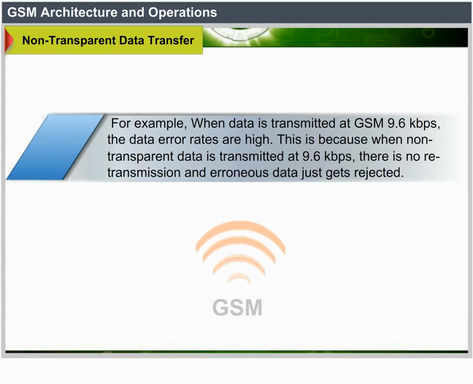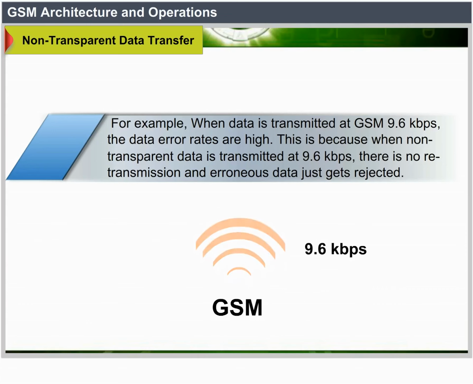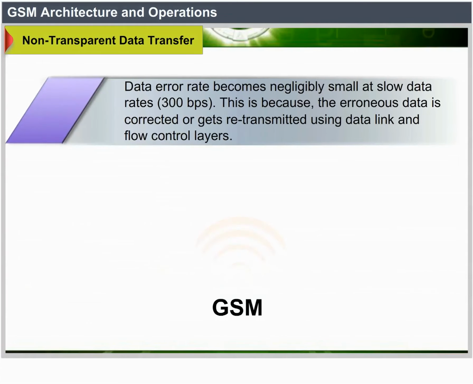For example, when data is transmitted at GSM 9.6 kbps, the data error rates are high. This is because when non-transparent data is transmitted at 9.6 kbps, there is no retransmission and erroneous data just gets rejected. Data error rate becomes negligibly small at slow data rates, 300 bps.